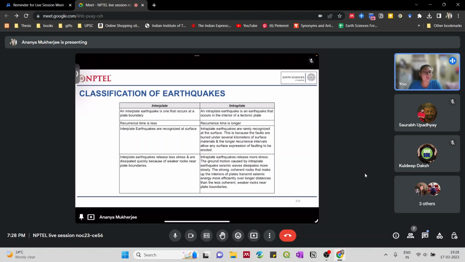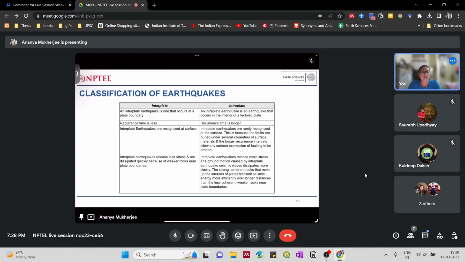Suppose there was some trace or feature from an old earthquake event, because the recurrence interval is so long, these areas might get eroded by, say, a fluvial system, or some deposit has buried the traces. These are some of the issues when we try to study or interpret intraplate earthquakes.